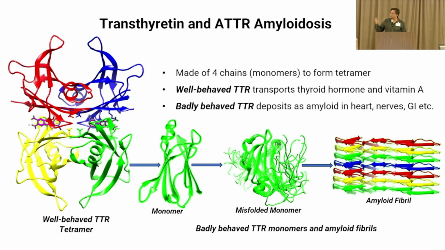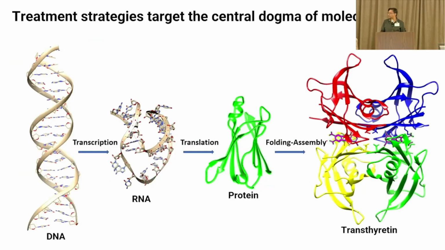When it's in this state, it carries out its normal function of transporting thyroid hormone and vitamin A. But as we'll see, under certain circumstances, it can start to behave badly and lead to the formation of these other structures which impact the heart and cause problems.